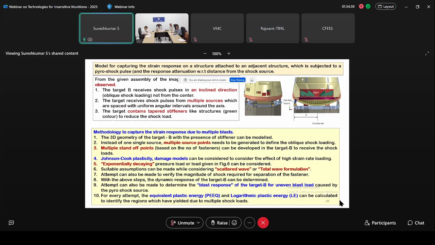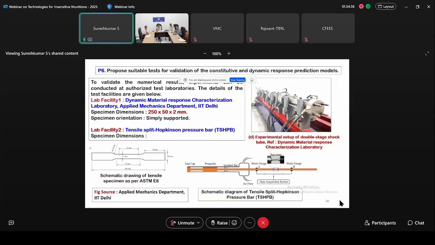So this is the second idea. We confirm that we are ready to provide the numerical solution to the shock behavior of the target by incorporating grooves or stiffened plates or any structural modifications, and how it will behave for various charge locations and distances. That part we can ensure in the second problem.